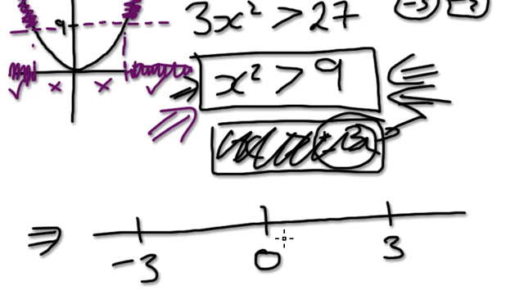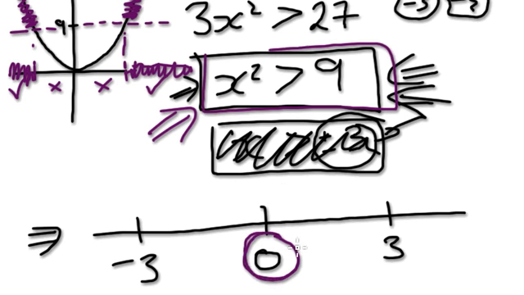You can't really tell. So select a random point in this region here and see if this whole statement makes sense. So for example, let's select 0. Put 0 into here. 0 squared is 0, and then you're making the statement that 0 is greater than 9, which is not the case. So you see, this is bad.